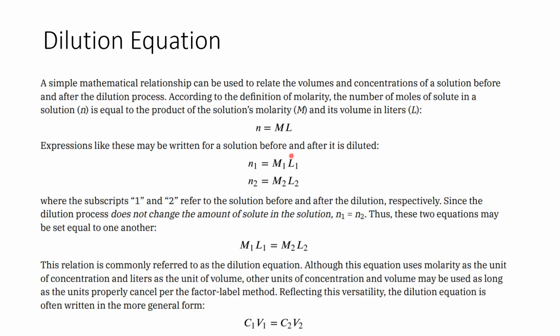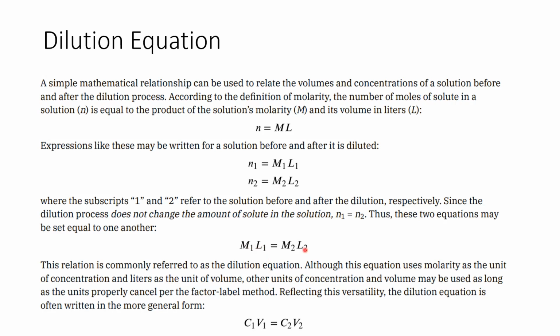So what we can do is take the rest of these equations and put them together. So if N1 is equal to N2, that means M1 L1 is equal to M2 L2. And this is just going to be known as our dilution equation. And in this case, it's showing molarity and liters specifically.